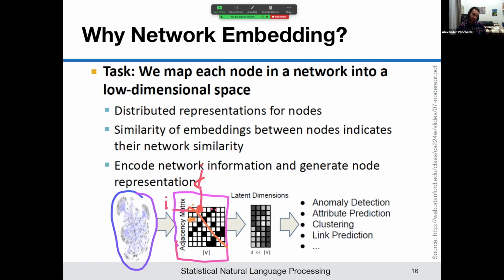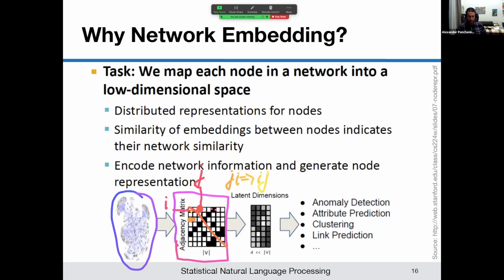So if you have a link from I to G, this implies that you have it from G to I. But it's not always the case. If you have graphs like taxonomies, this would mean that you have an inherently asymmetric matrix.